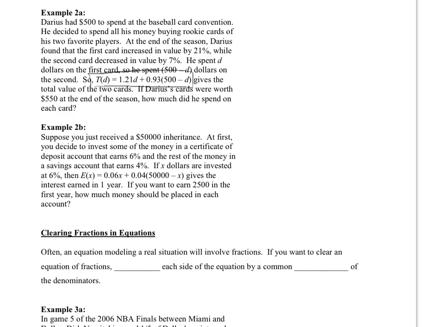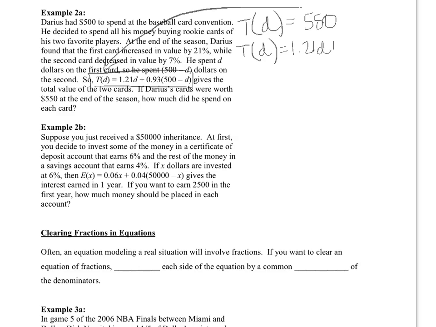So they're saying that the total of the cards was $550, and we know T of D is right there. If we rewrite that equation, T of D, this is what they gave us, 1.21 D plus 0.93 times (500 minus D).